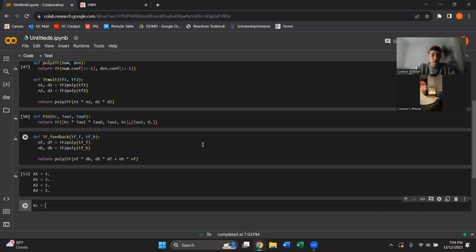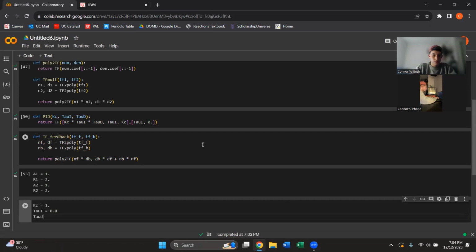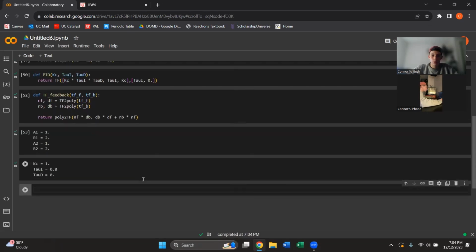So we can input those there. So now what we want to do is multiply across everything to get the forward transfer function. So we can get the transfer function from QC to Q2.